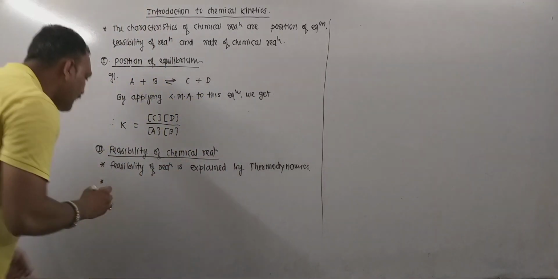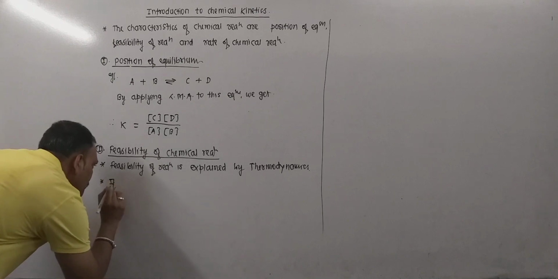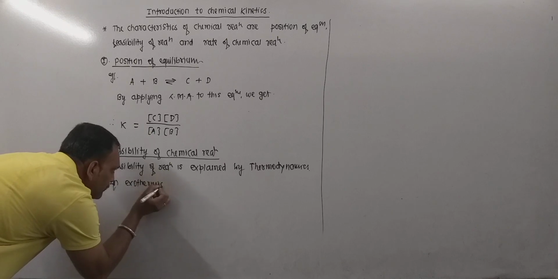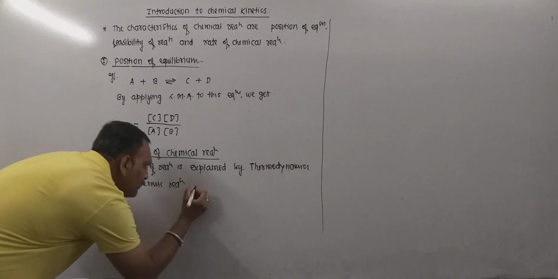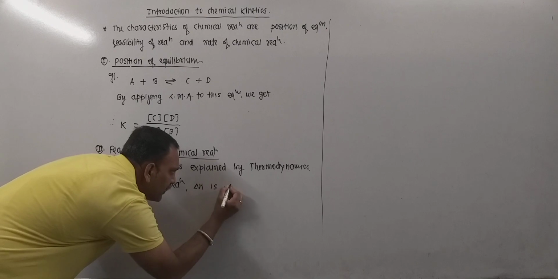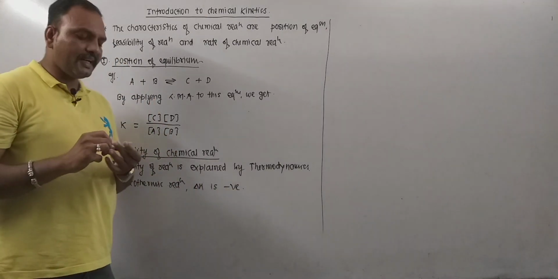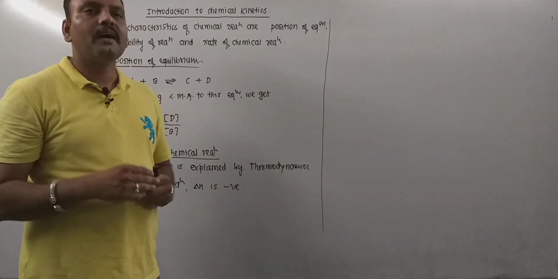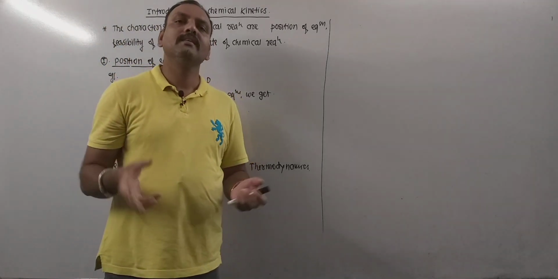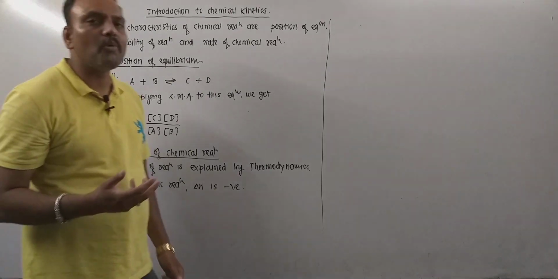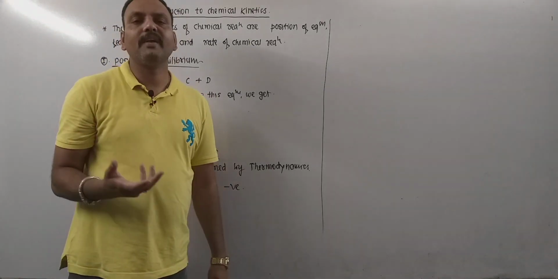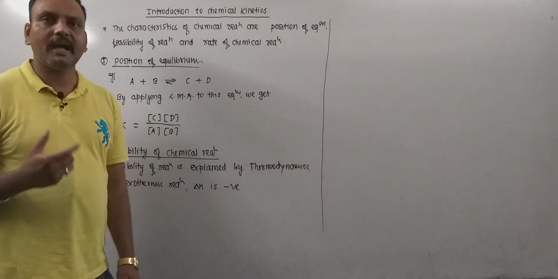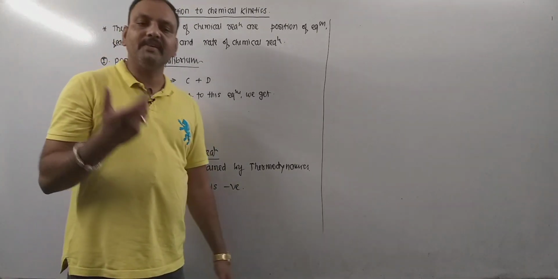In exothermic reactions, delta H is negative, and this indicates that the products of such reactions are more stable than reactants. And if products are more stable than reactants, then definitely those reactions are expected to proceed in forward direction. I mean those reactions must be feasible.